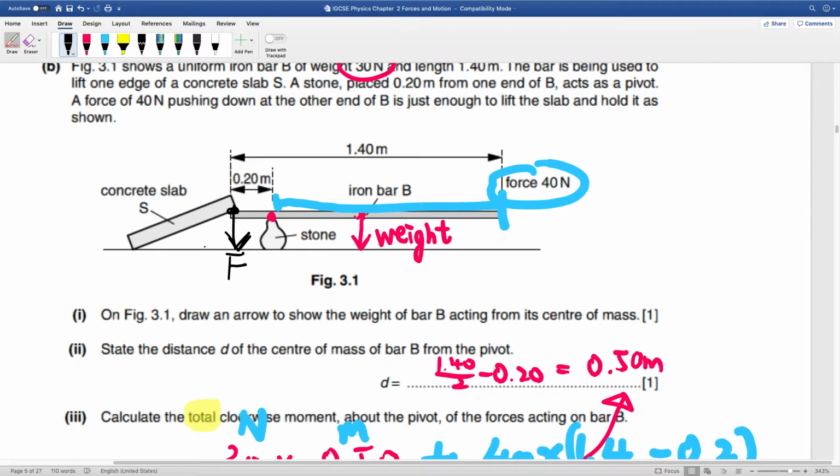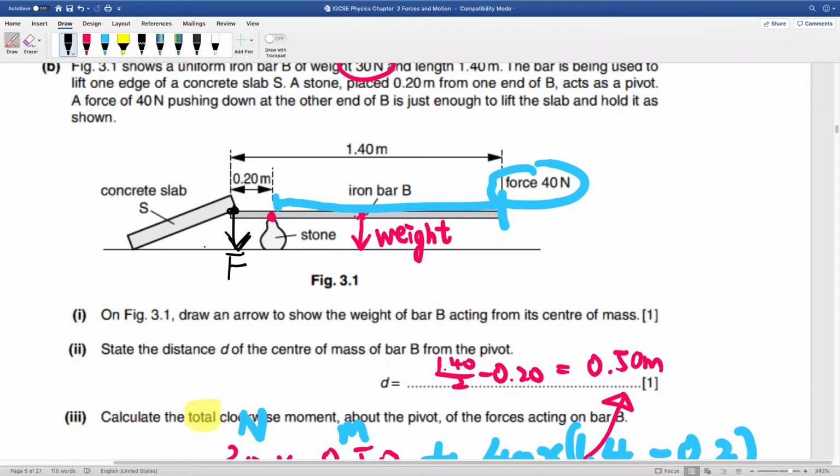Well, in this case, consider this is everyone's head. Now, the force F exerts an anti-clockwise moment.